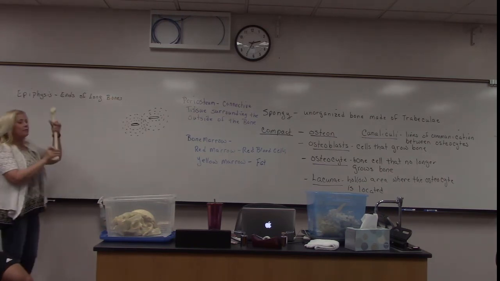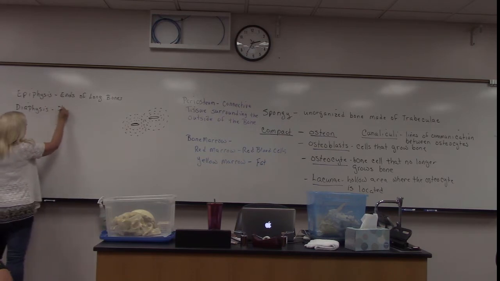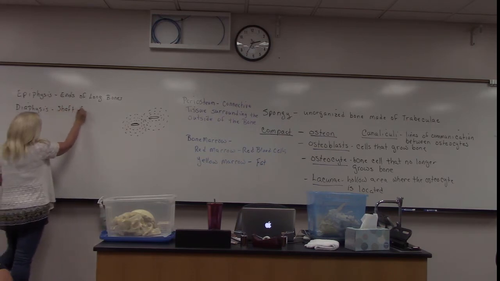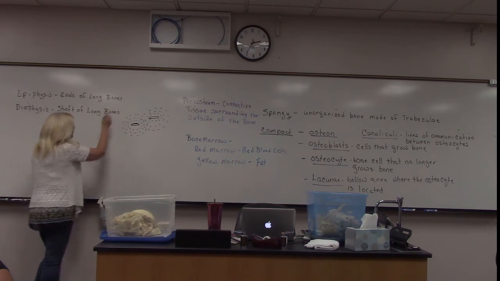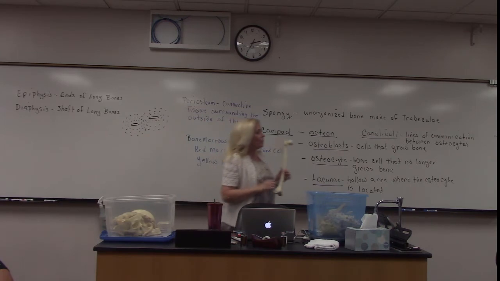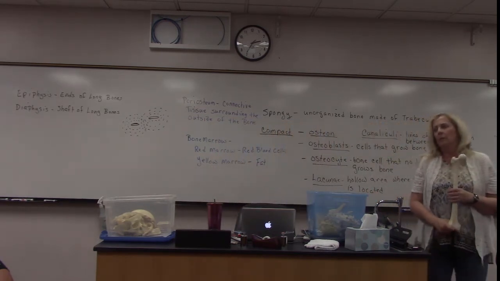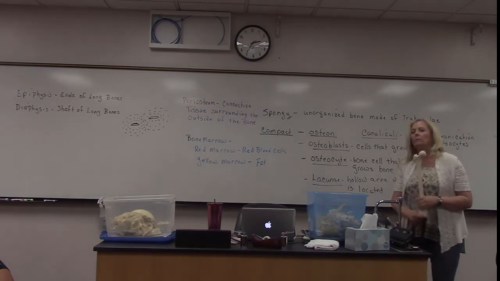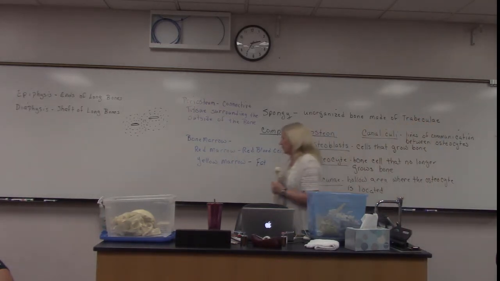The shaft of the bone is called the diaphysis. So the epiphysis would be the ends, the shaft would be the diaphysis. Okay, now, there's two other terms you need to know. Medial and proximal. Okay?